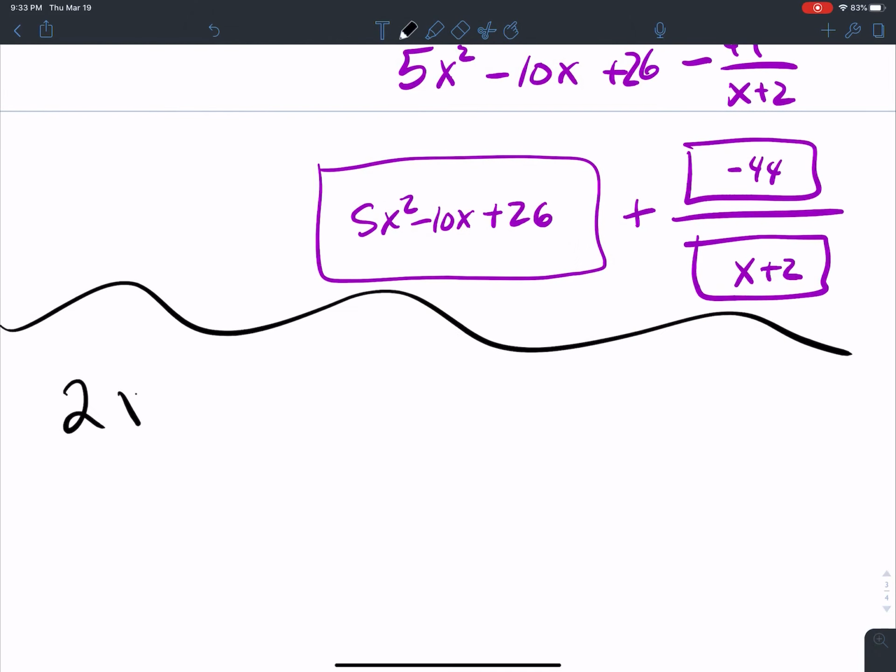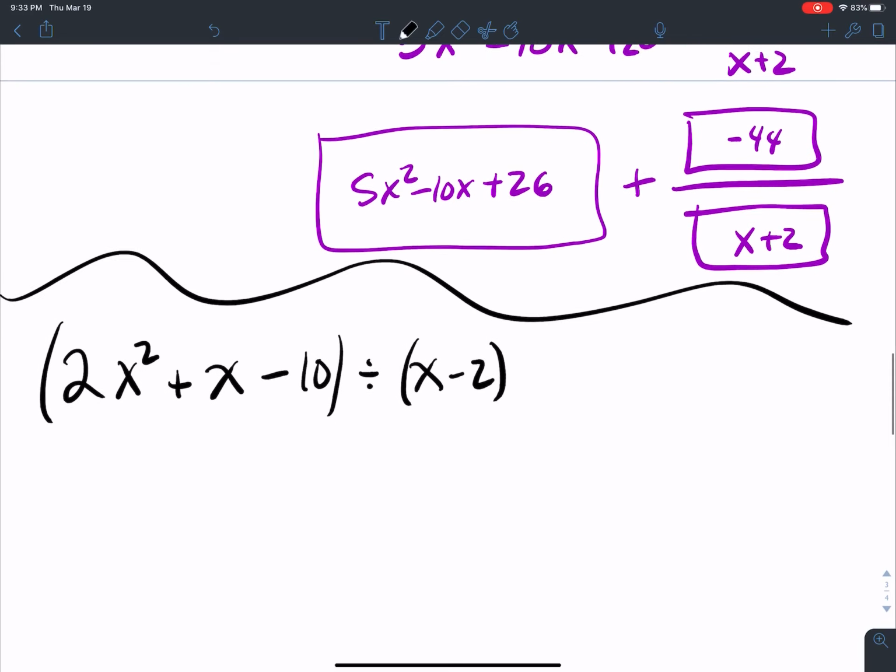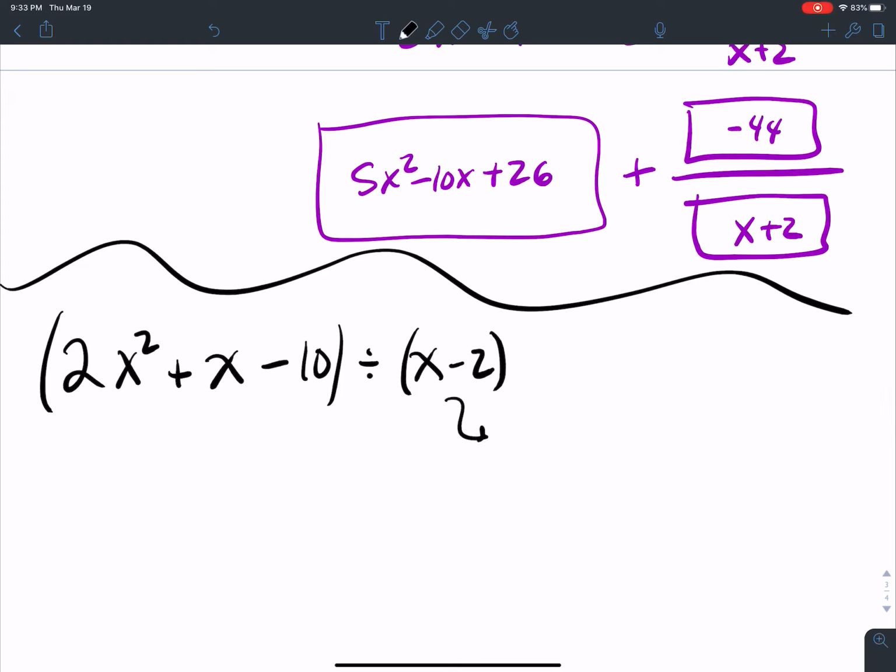So 2x squared plus x minus 10 divided by x minus 2. All right, x minus 2. All right, how do I use synthetic? I take the divisor and set it equal to 0, solve for x is equal to 2, put 2 in the box, write out my coefficients.